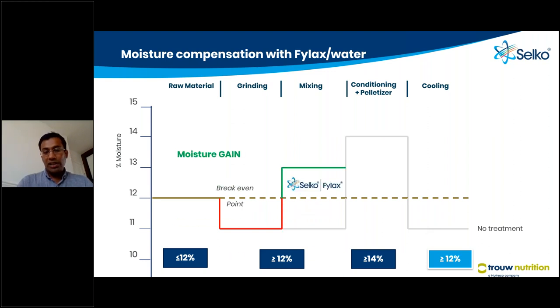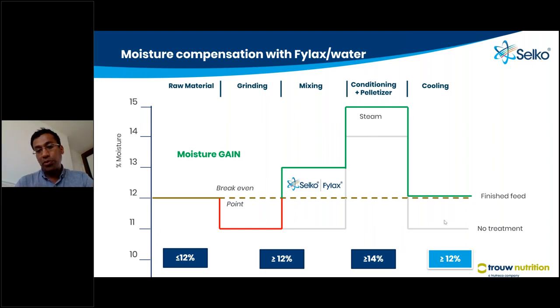But there is an opportunity to gain moisture by adding Filex 4, for example, in the mixing part. It also has anti-mold properties, so you can increase the moisture in the mixing without any risk, and thereby you are able to have better conditioning, better starch gelatinization, better binding, better pellet quality, and at the end you can also keep a higher moisture level. You can increase the moisture level by 1, and you have a better feed quality at the end.